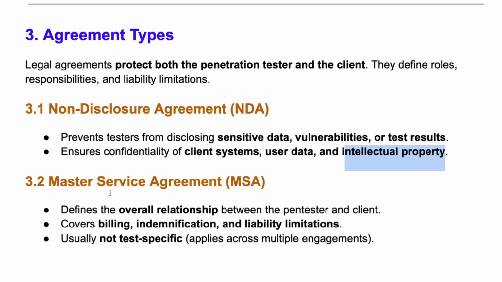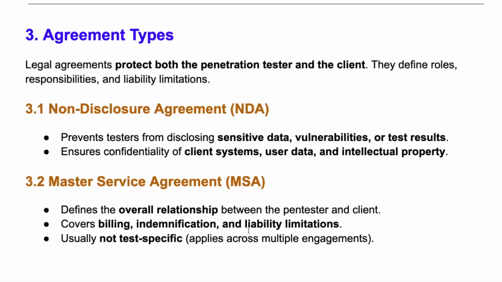Then we have the Master Service Agreement, also known as the MSA. The MSA defines the overall relationship between the pen tester and the client. It covers billing, indemnification, and liability limitations, and it's typically not test specific. It applies across multiple engagements. So if you hire somebody to do a penetration test for you for 3 years in a row, this agreement will apply to every one of those penetration tests.